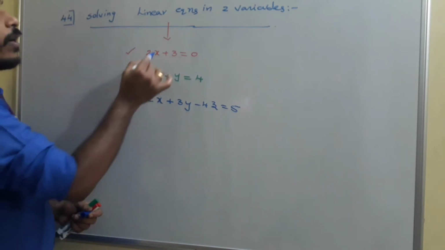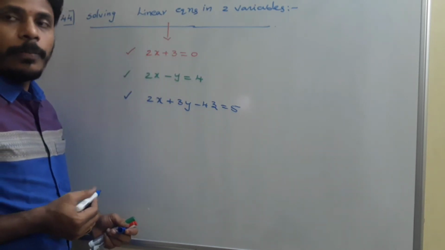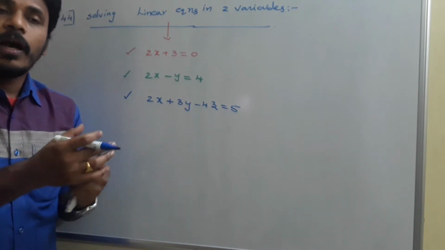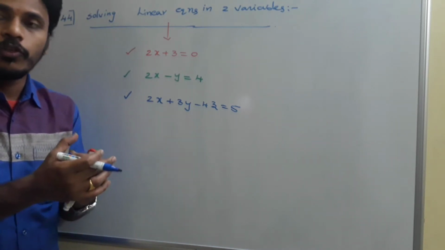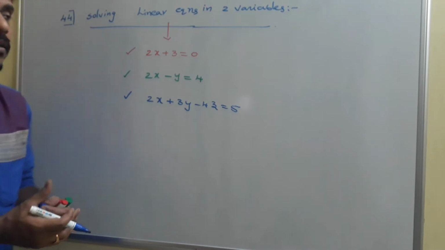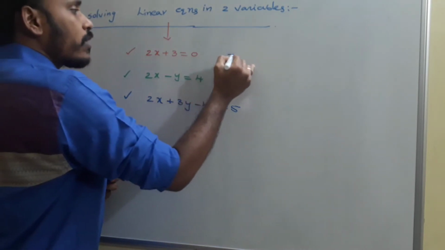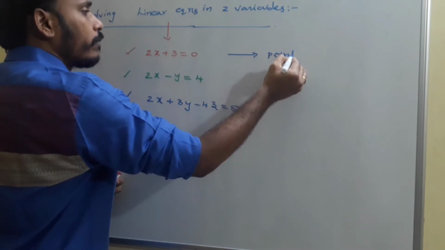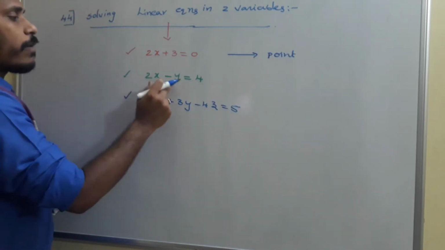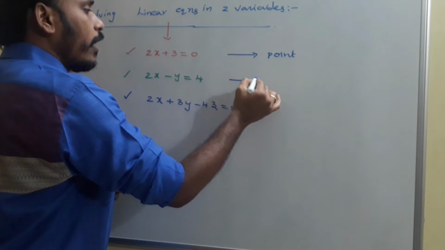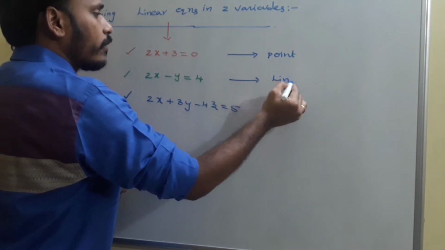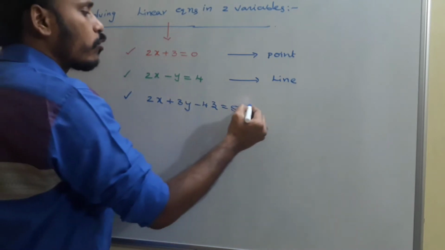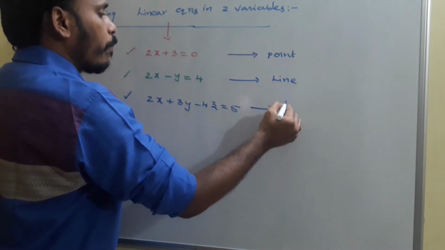And for all these, if you wish to sketch the graph of all these things on a graph paper, this first linear equation in one variable represents a point, whereas this 2x minus y is equal to 4 represents a line, and this 2x plus 3y minus 4z is equal to 5 represents a plane.